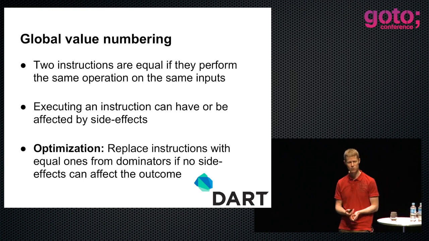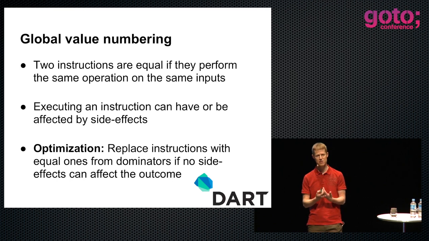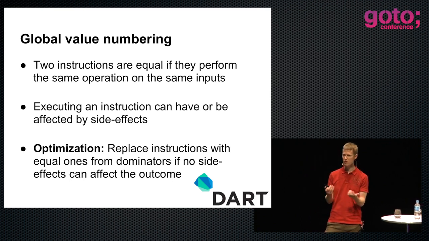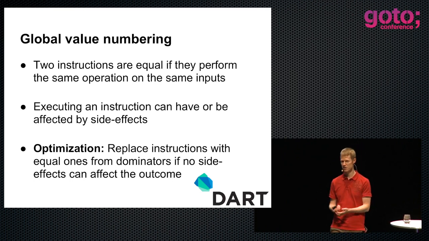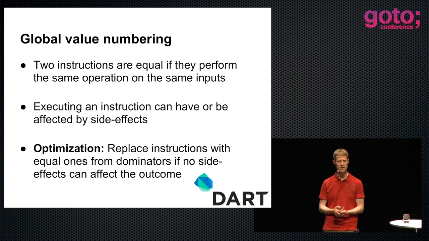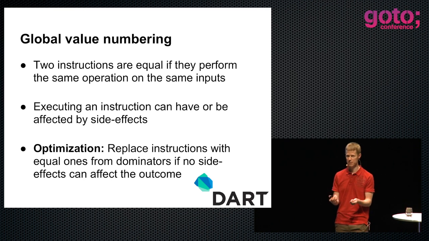So global value numbering is a way of essentially replacing instructions with other instructions when we know they're going to do the same thing. Getting rid of common sub-expressions is another way of formulating it. For global value numbering, we say that two instructions are the same if they perform the same operation on the same inputs.